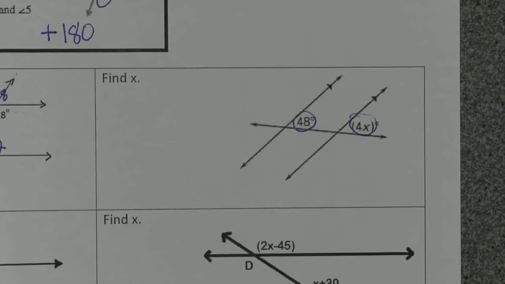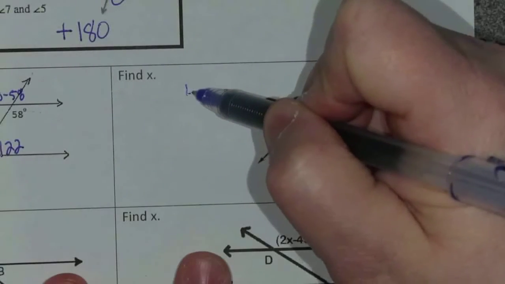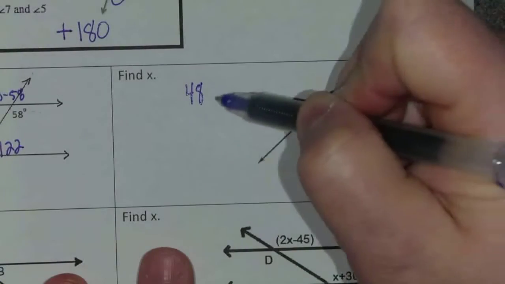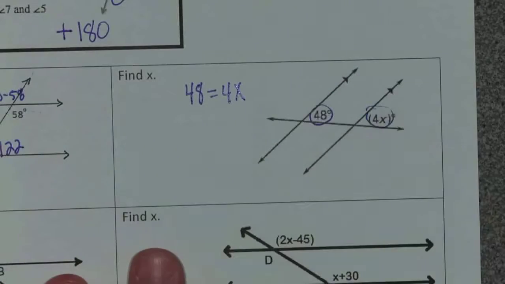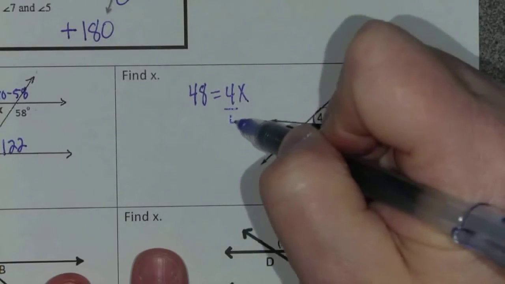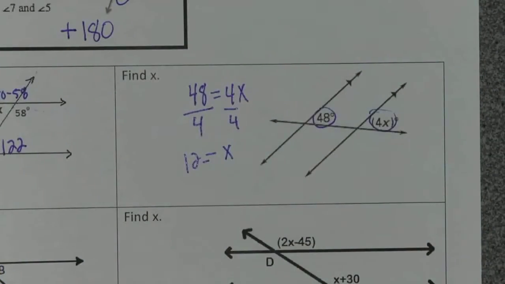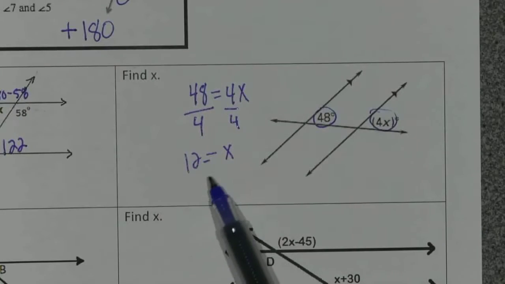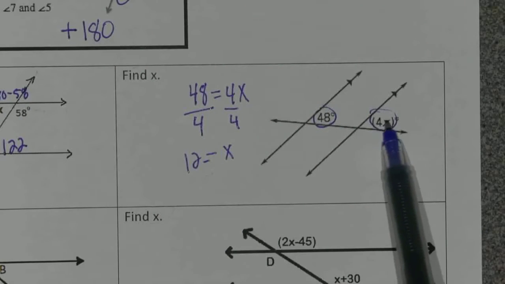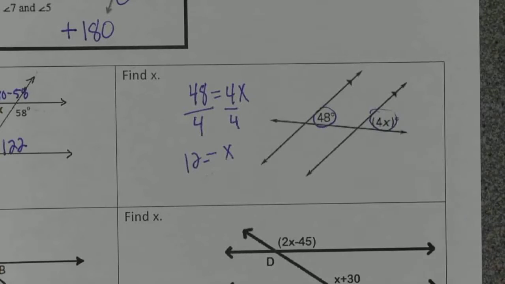Those would be called corresponding angles. And what do you know about corresponding angles? They're equal to each other. So I get to do 48 equals 4x, and I get to solve this. It's 12, because I divide both sides by 4, and I get x equals 12. It said find x, so I'm good there. But if they wanted me to sub it back in, I would just sub that 12 back in. I would get 48, which tells me I did my math correctly.